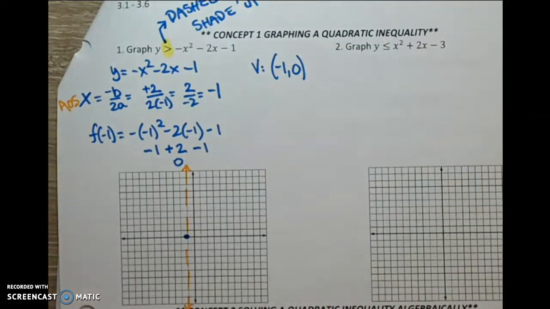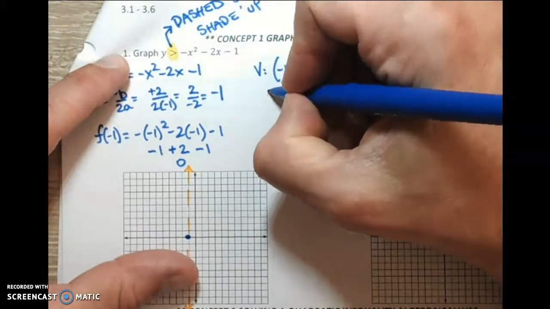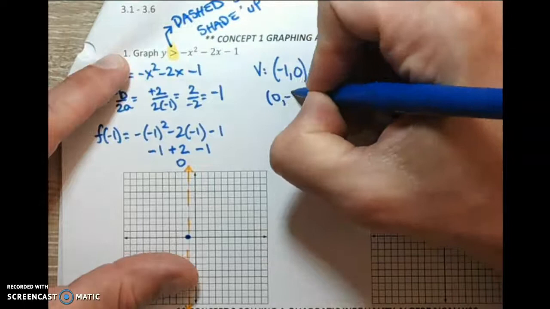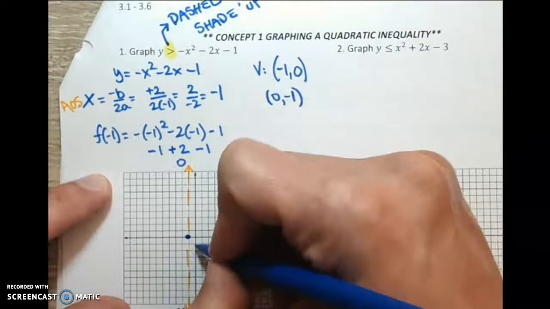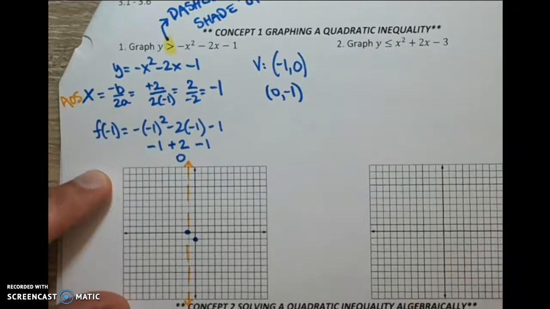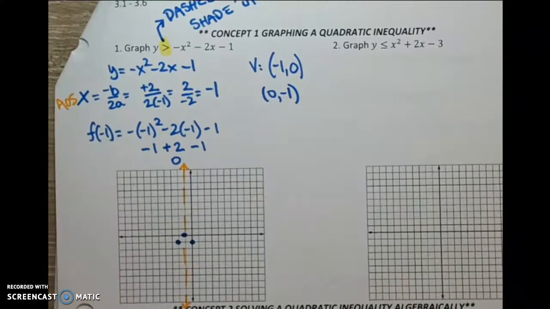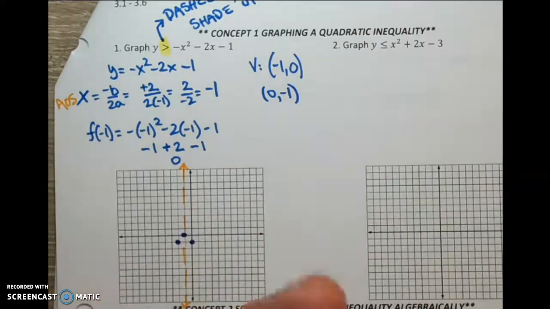The next point I'm going to use is my shortcut, which is 0, c, which in this case is 0, negative 1. Plot that right there, 0, negative 1. Then use the axis of symmetry to move it on over to the other side.